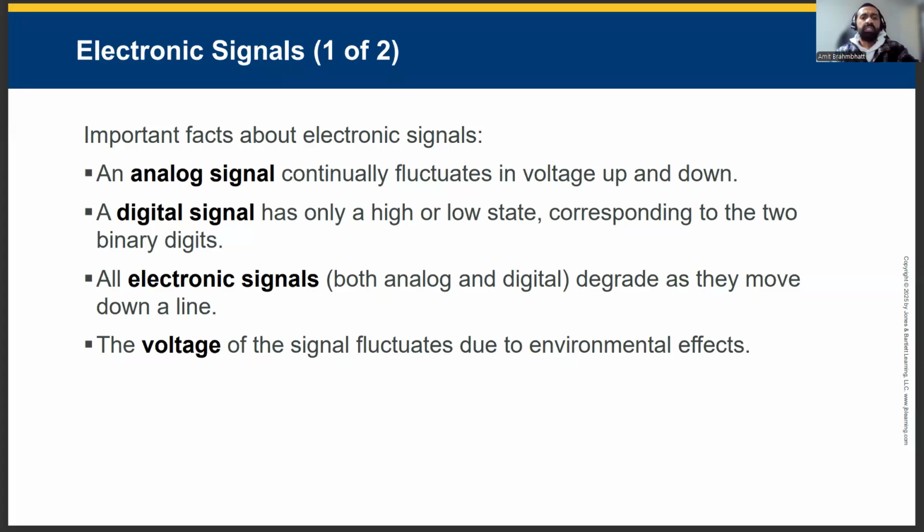Both types of signals degrade as they travel through a transmission medium due to environmental interferences and noise. Understanding signal behavior is essential for appreciating why digital communication is more robust than analog communication in modern computer systems.